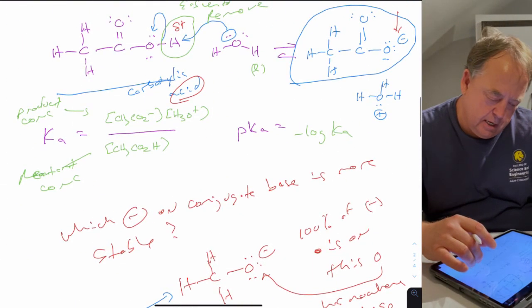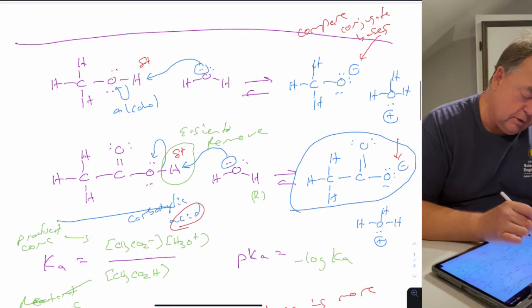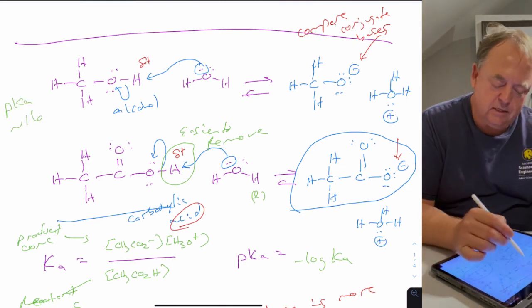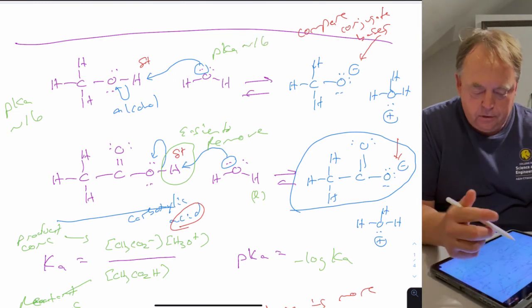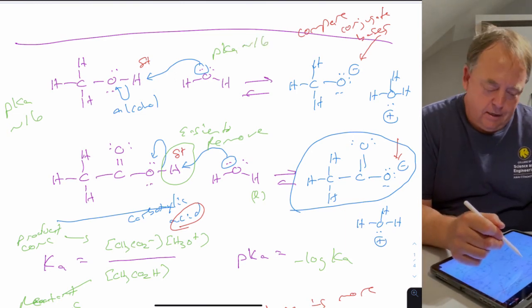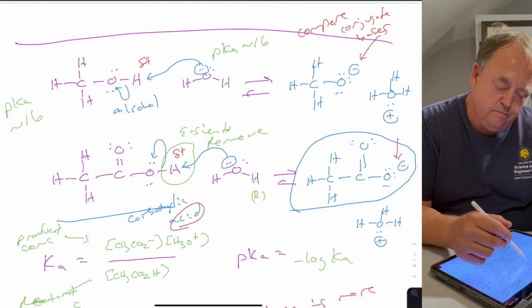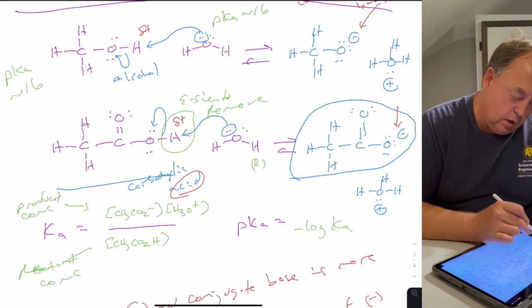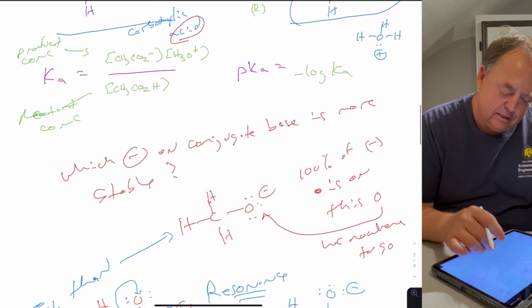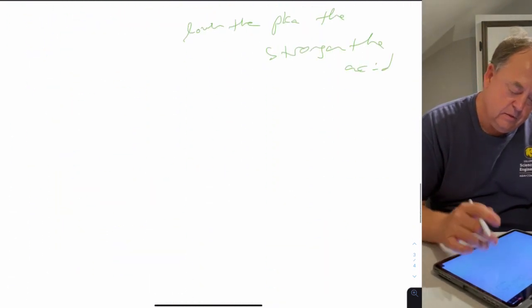So if we look at the pKa for these two molecules, alcohols have pKa's around 16, which is about the same as water. That's not surprising, right? They both have OHs, and they're not next to pi bonds, so you can't draw resonance structures. Whereas a carboxylic acid has a pKa of around 4, and that's a logarithmic scale.